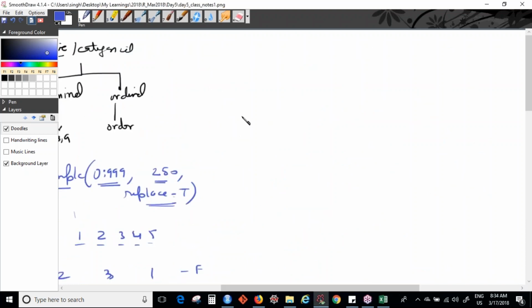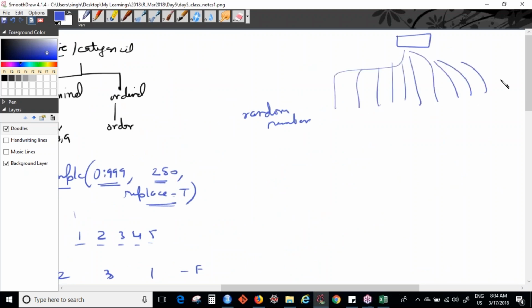So let's say this is how R generates random numbers. The moment you give your command here, these are the different ways R can generate random numbers. At the end of this line you get random numbers. So the moment you set a constant, let's say k is equal to 1, that 1 represents this particular branch.